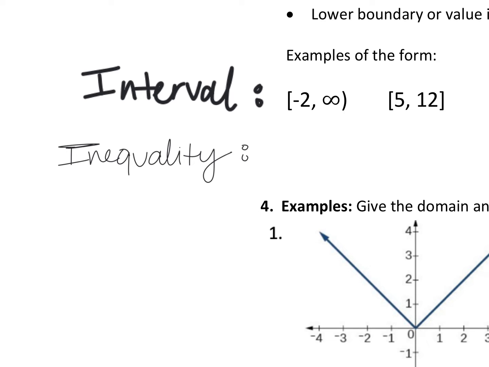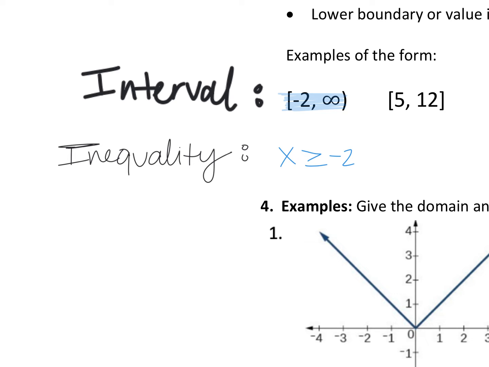So for the sake of our examples today, this is the domain in blue. To write that as an inequality, I'm saying my domain goes from -2 to infinity. That is the same thing as saying x values greater than or equal to -2.